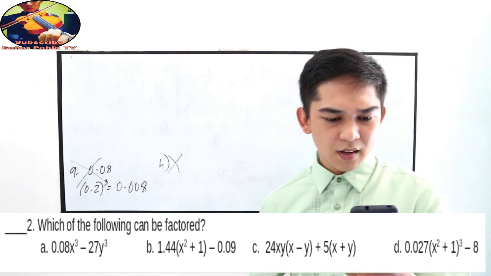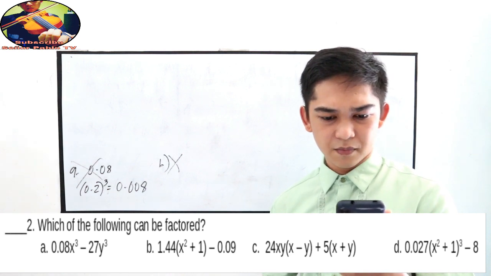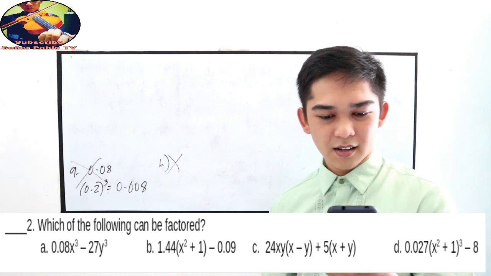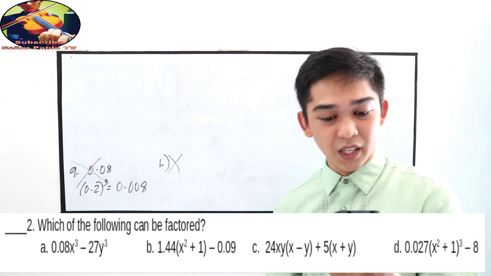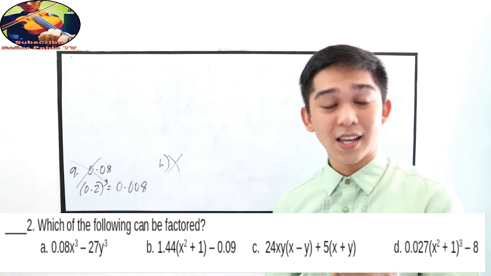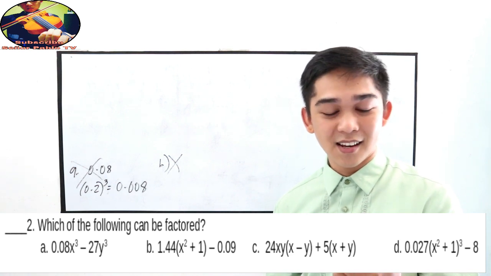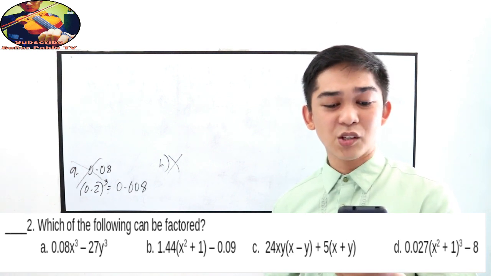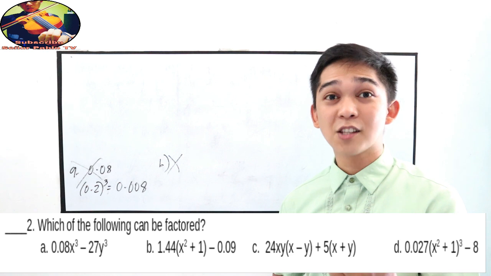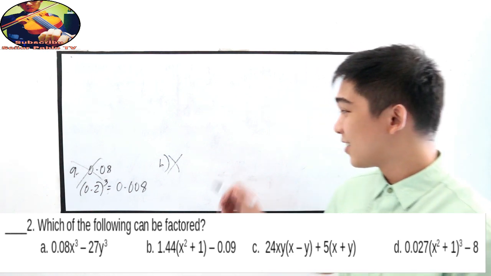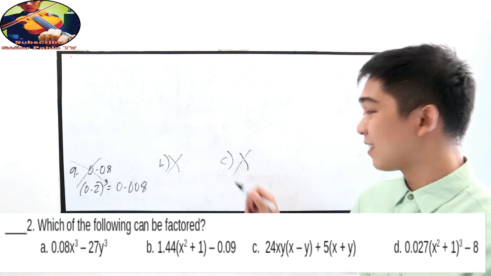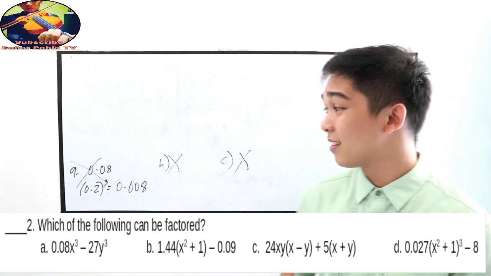Next, letter C. Factoring by grouping dapat ang gusto yung iparating. Kaso nga lang yung nasa parenthesis na quantity x minus y tsaka quantity x plus y ay hindi common factor. So yung letter C natin, mali din dahil dun sa parenthesis natin.